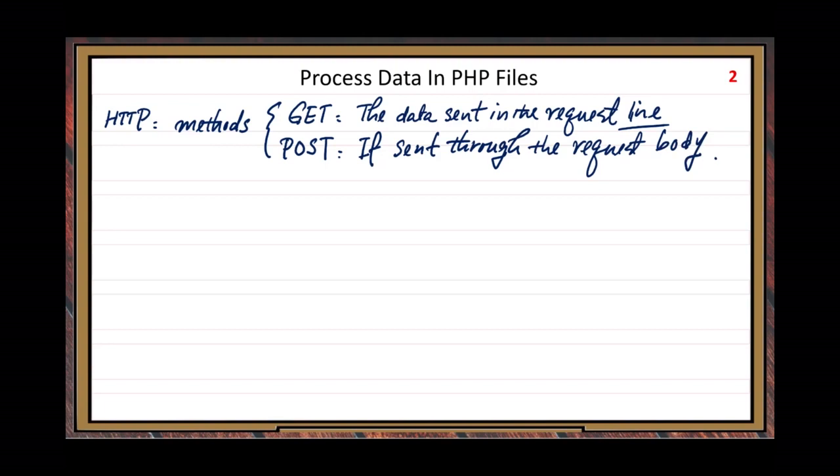But for the POST method here, you need to specify it, because the GET method is the default HTTP method, while the POST method is not the default. So for the POST method, you need to specify it.